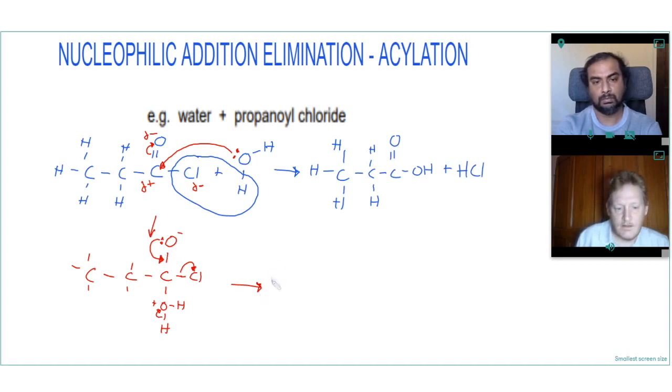And then if we draw what we end up with there, we've reformed the carbon double bond oxygen, and we're left with an OH, and a hydrogen ion and a chloride ion have left, so they form the HCl.